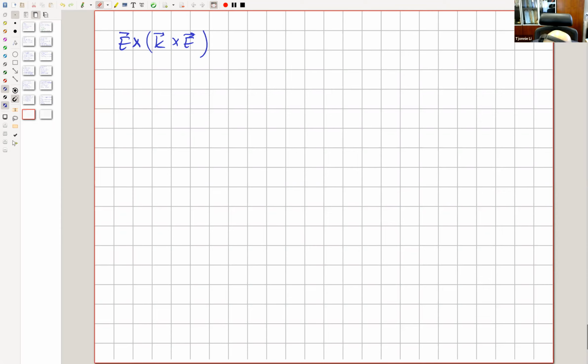So when I do E cross k cross E, I get something that is k squared, because k and E create something that's perpendicular to both E and k, and if I do E cross again, I get something of this form.